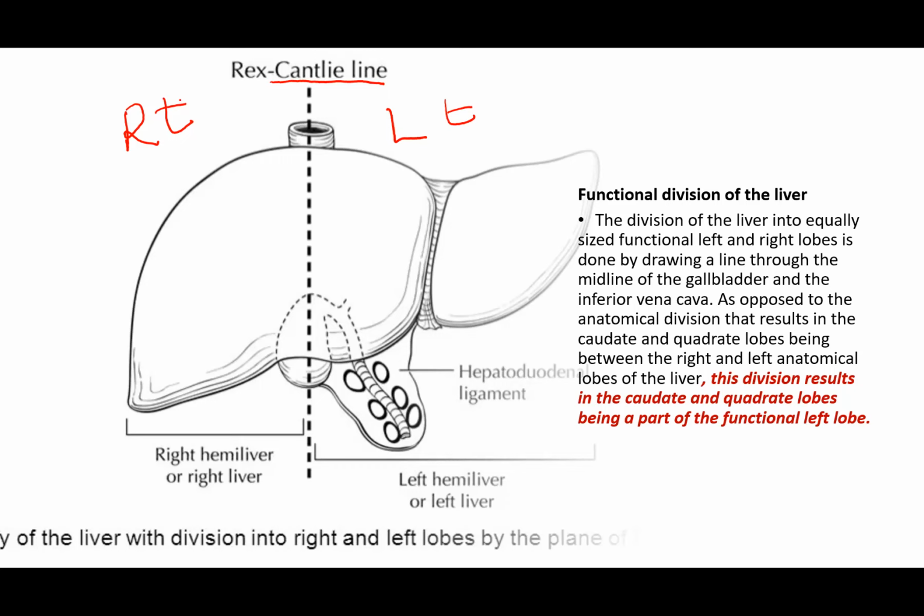Now, this Cantlie line divides the liver into two halves: the right hemiliver, or the right lobe, and the left hemiliver. And of course, don't forget, it runs through the inferior vena cava, the porta hepatis, and the fossa of the gallbladder.